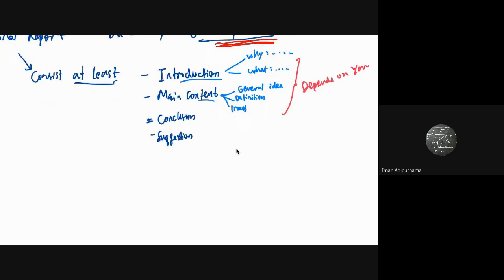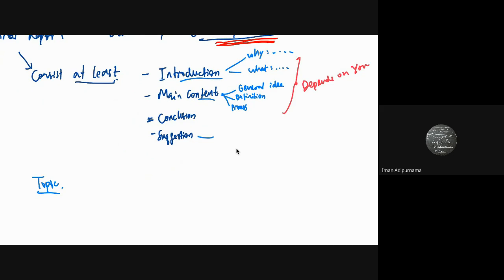The topic, you can choose the same topic as your presentation, or you can find another topic. It's still okay for me, as long as you write from introduction to conclusions and have some suggestions about our course.